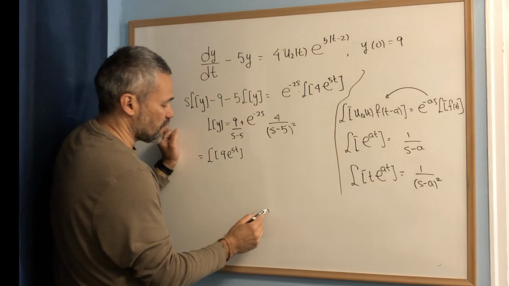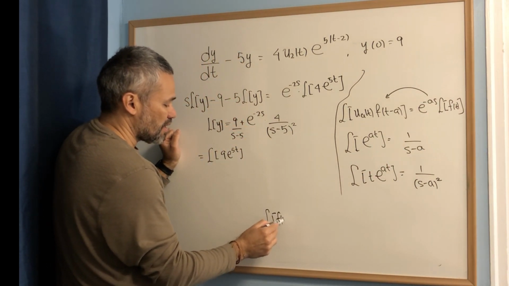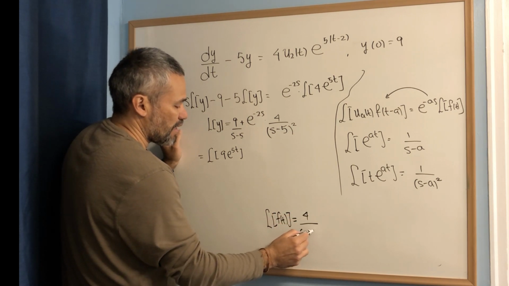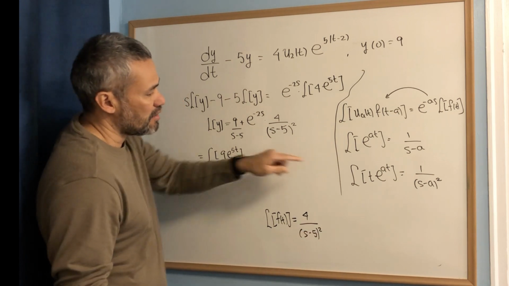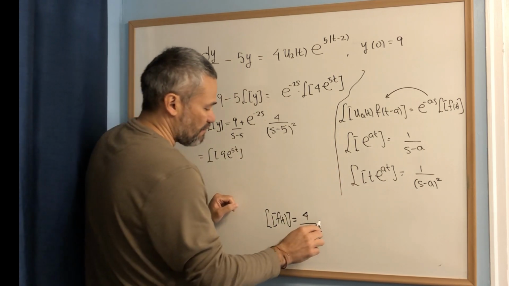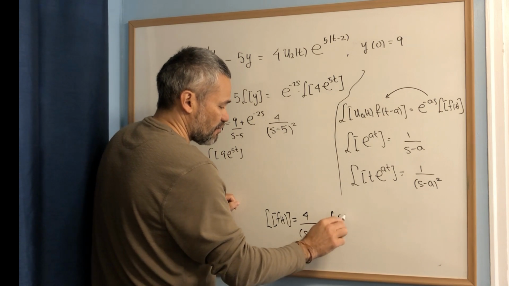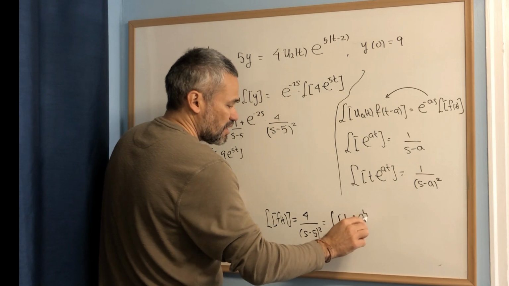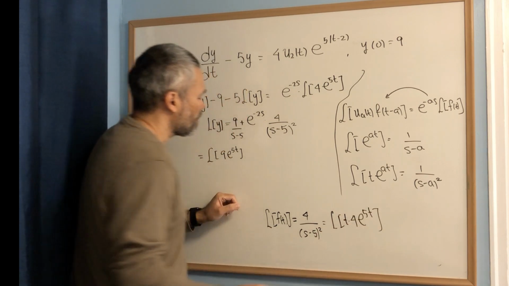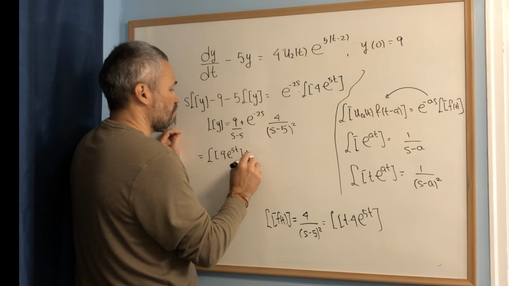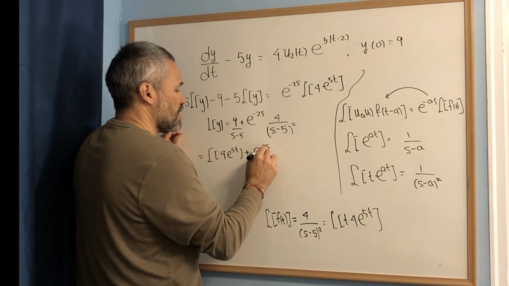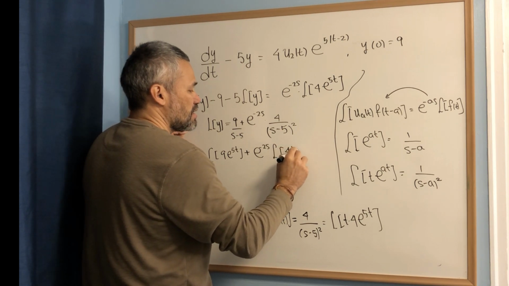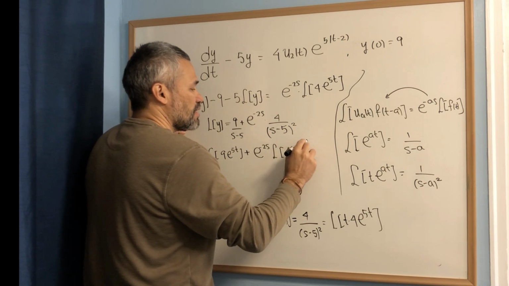But then the question is, what function has the property that its Laplace transform is 4 over s minus 5 squared? And if we look at this formula, we see that you can see this as the Laplace transform of 4t e to the 5t. Then we have that this is plus e to the negative 2s times the Laplace transform of 4t e to the 5t.